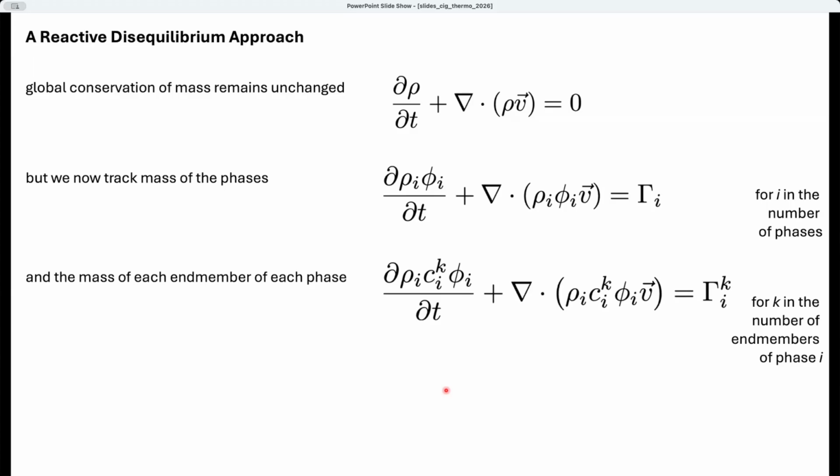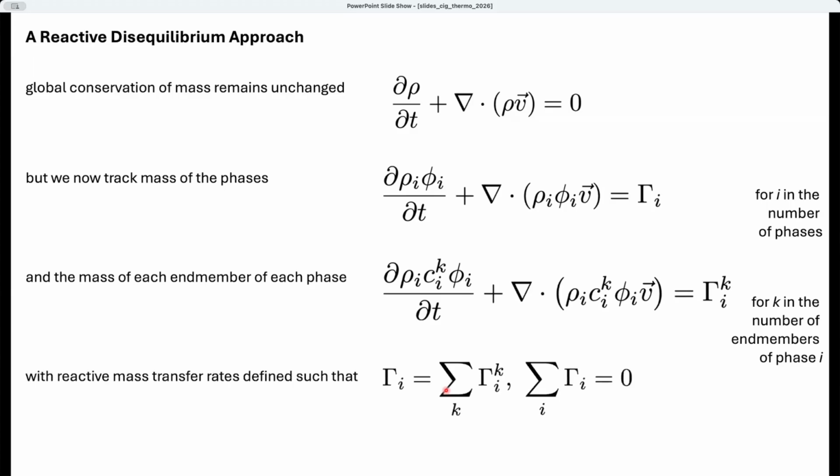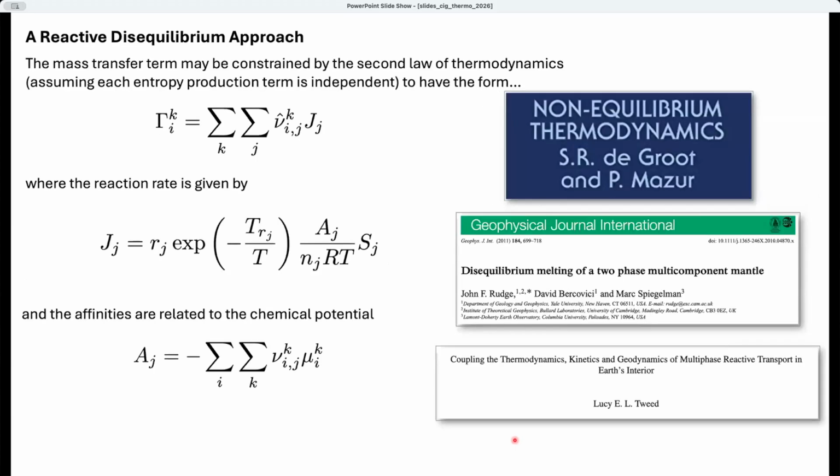And we're closing these with reactive mass transfer rates that have to sum globally to zero and are constrained by the second law of thermodynamics, as laid out by de Groot-Mazur and Rudge et al., and also Lucy Tweed's PhD thesis, amongst many, many others.